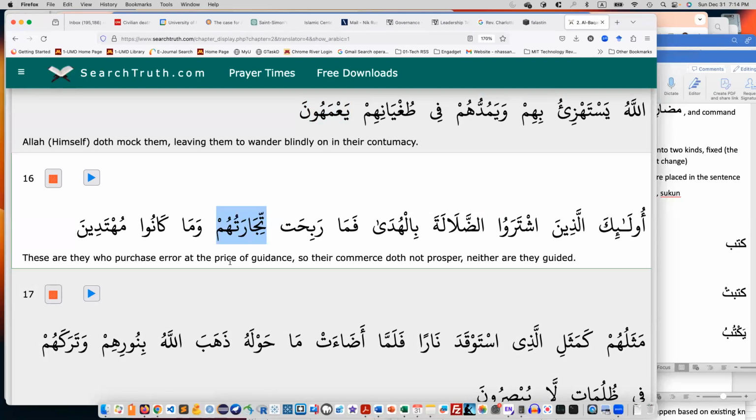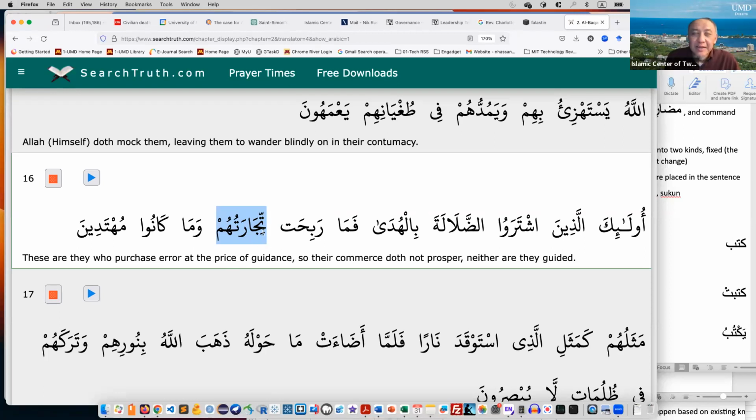It's a tough one. Tijaratuhum is a noun, meaning their business. The reason is that this ta is not added, it's part of the tijara. Tijara is business, the exchange. Remember that the ta in a fi'l is added to the three letters to make it a verb.